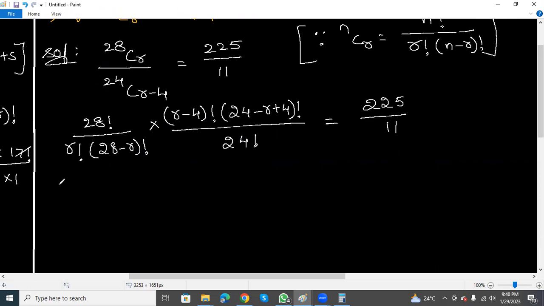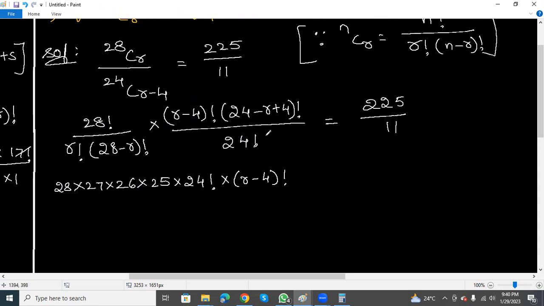So how can I write? 28 into 27 into 26 into 25 into 24 factorial. And (r minus 4) factorial is as it is.